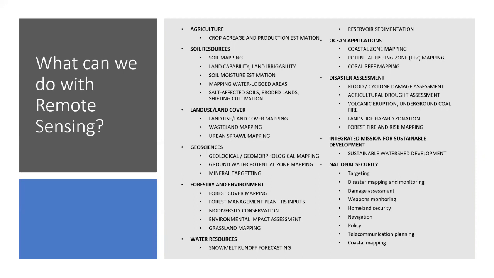Geosciences, forestry and environment, like grassland mapping, green cover analysis, water resources, disaster management, earthquake predictions, landslide hazard zonation, and majorly national security for disaster mapping and monitoring, targeting, damage assessment, navigation, telecommunication planning, coastal mapping. These are some of the places where remote sensing can be applied. There are a lot more.